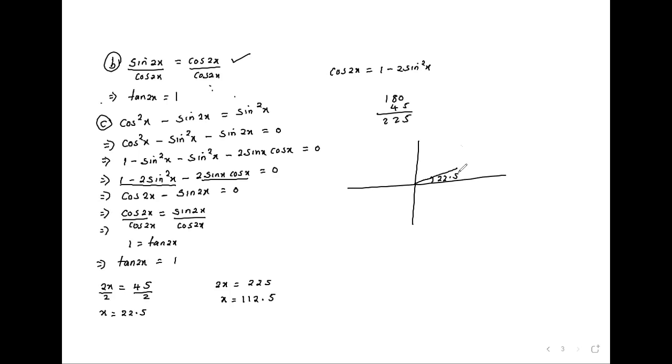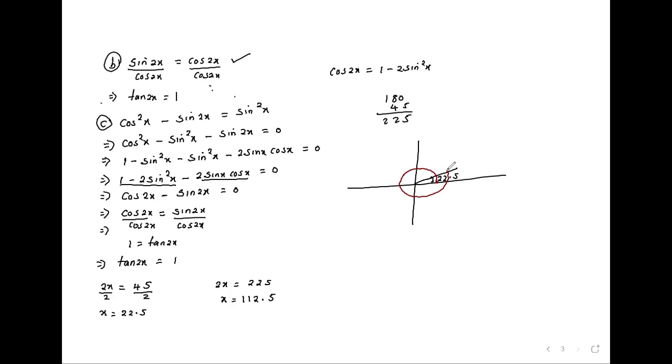Now we have another angle that would start from the very point this guy is starting. That would be, it will start from 0, go around and come to end at the very end point. This angle is called a coterminal angle to 22.5.